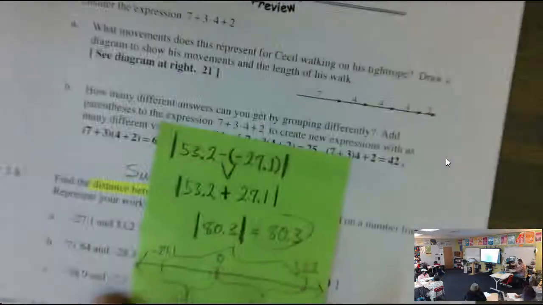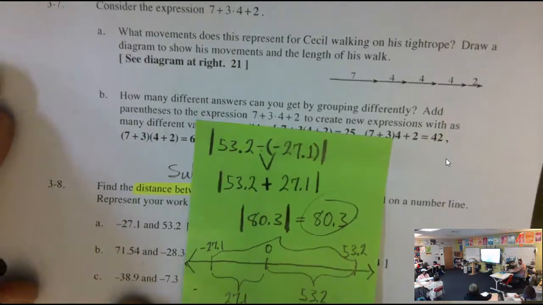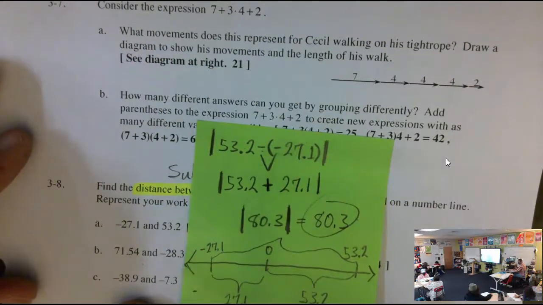So in C, since they're both negative, you can actually act like they're both positive if you want. That's your little trick there.